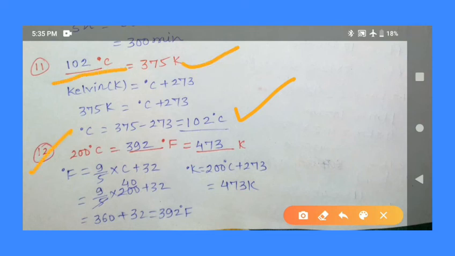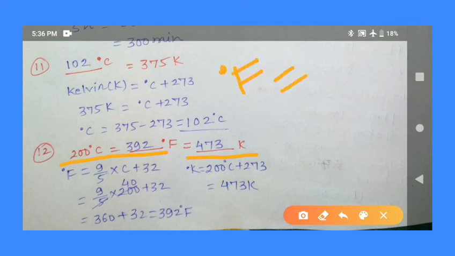Now this is the last question. We have to convert 200 degrees Celsius in Fahrenheit and Kelvin. First of all, you should know the formula to convert degree Celsius to Fahrenheit. So Fahrenheit is equal to 9 by 5 into C plus 32.